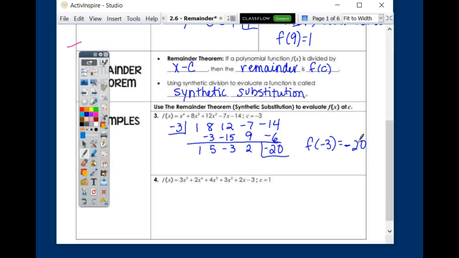How many of you got -20? Okay. How many of you need to see more examples of this? Because she's got 6 more for us to do. So the only thing you want to avoid doing is what I did, right? You have to make sure that you fill in for our missing zeros, right? I missed that on that first example. Y'all corrected me.